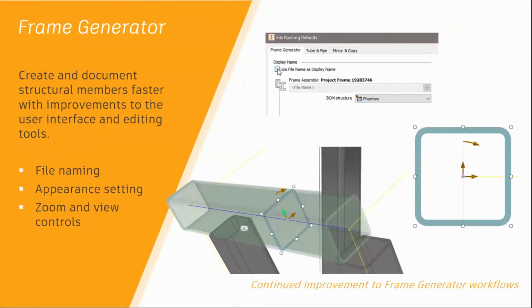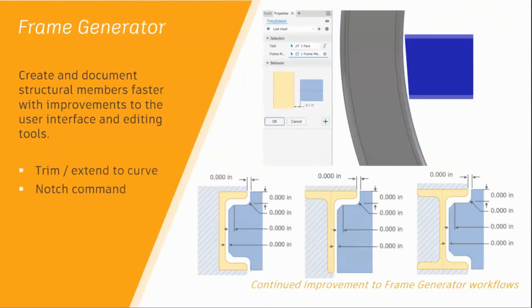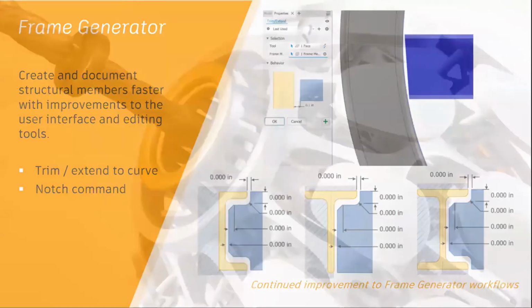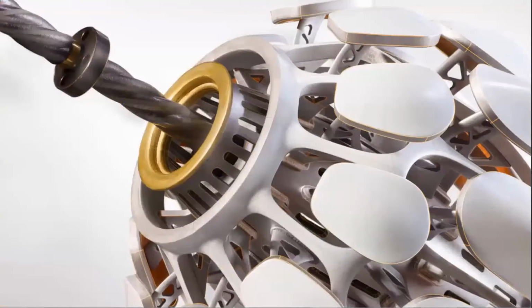So for the individual members of the frame, it's now been improved, as well as the appearance and the zoom and view controls for each member. And also, there's this new feature in which you can trim and extend your frame members to a curved surface, and additional profiles have been added within the notch command.